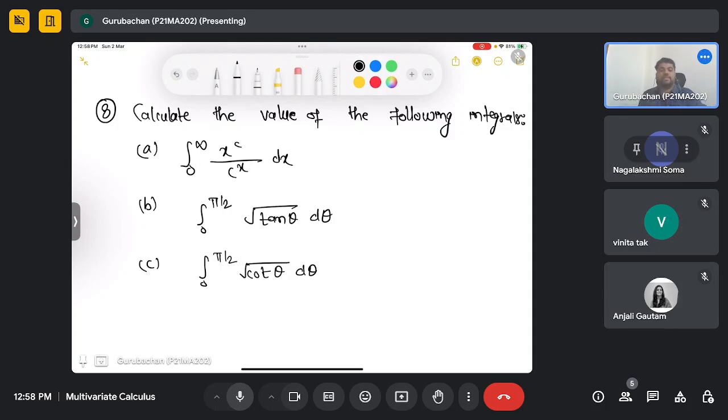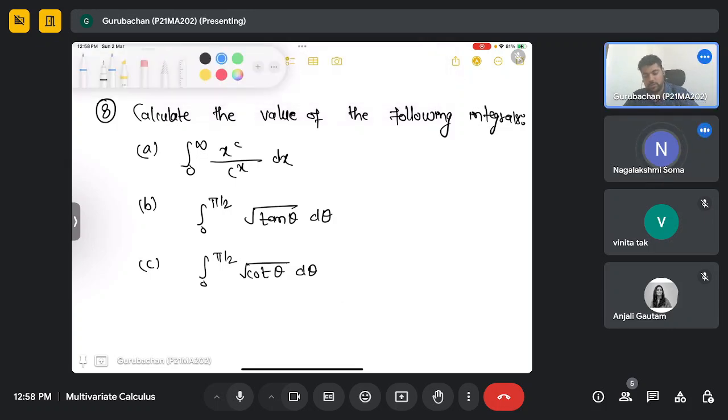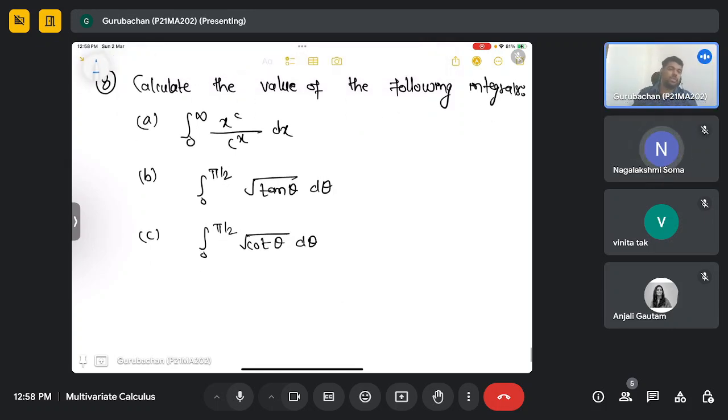So anybody is getting any feeling that how this first integral looks like? Is there any standard form? Beta gamma function? Okay. So we have to change into that form of beta function, or we can say gamma function. We have to see in which it will be easy.